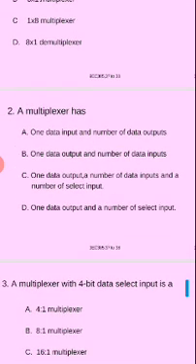Here for our question, one data output, a number of data inputs and a number of select inputs is the right answer. For that, option C is the right answer.